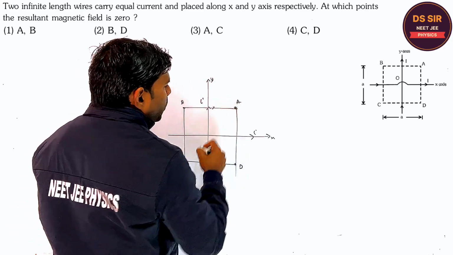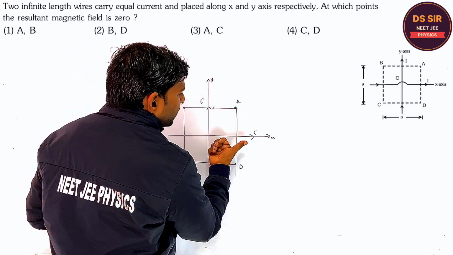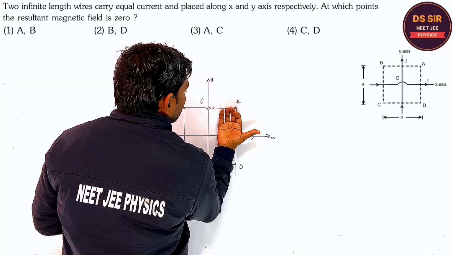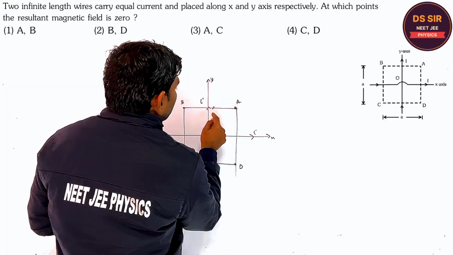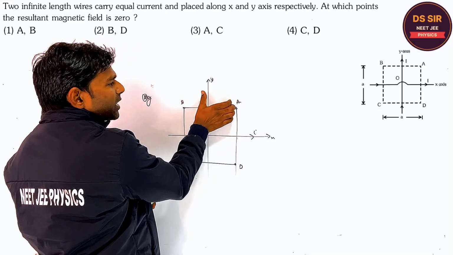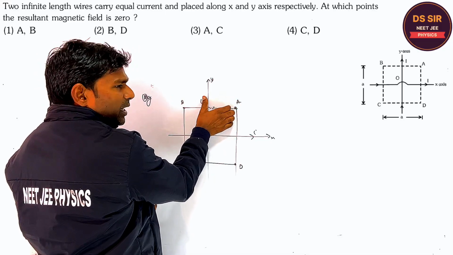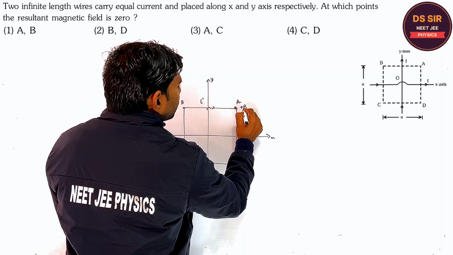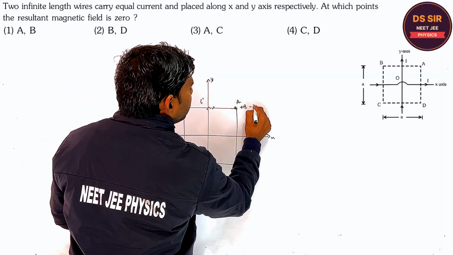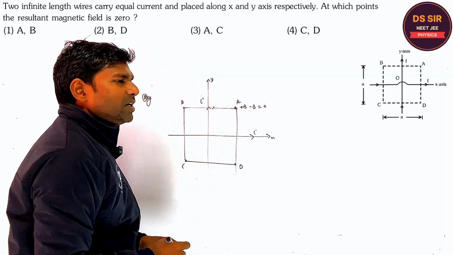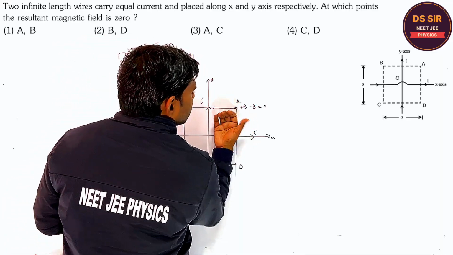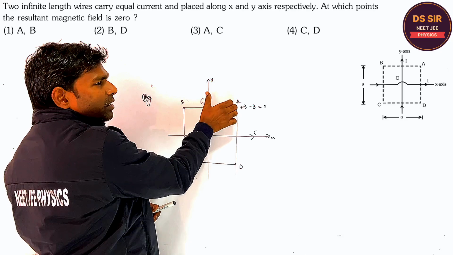If you consider the point A, because of this wire, the magnetic field is out of the board, and because of this wire, the magnetic field is into the board. If you take into the board as positive and out of the board as negative, the total magnetic field is 0. Out will cancel with in.